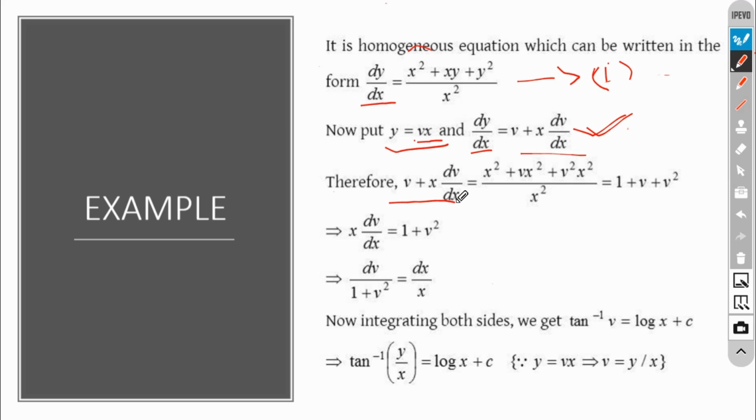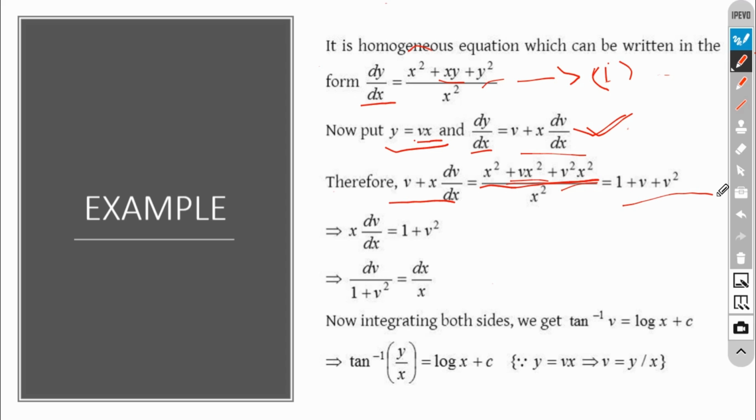So x square is just as it is, and the value of xy with y equal to vx will be vx square, and y square is v square x square, divided by x square. We can see over here x square is common in the denominator, so that x square will be cancelled and we get this one.